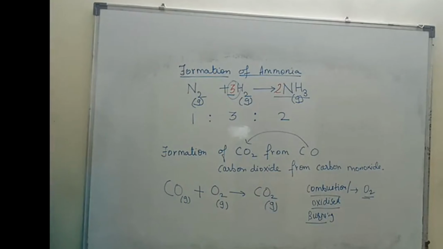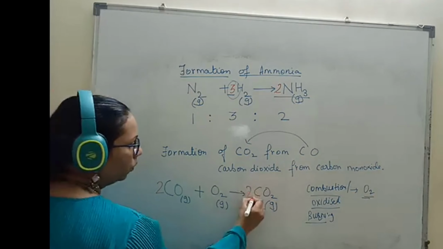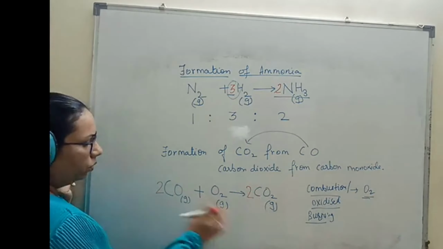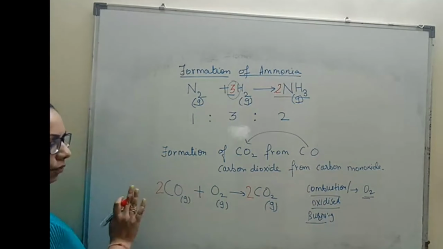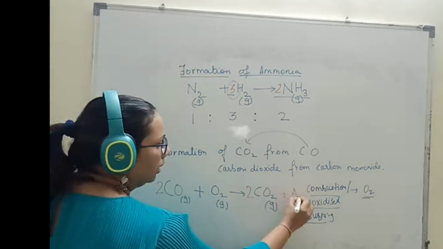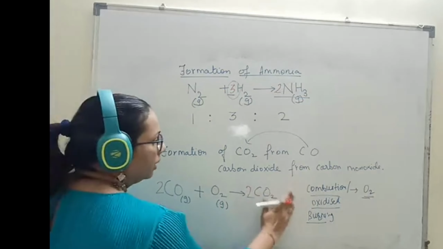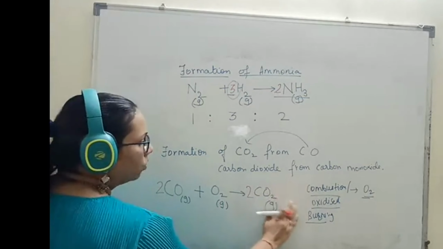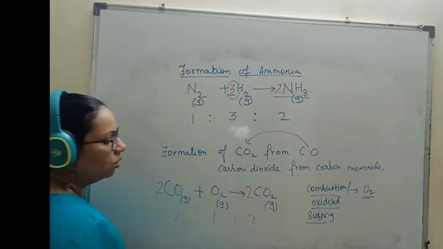Ma'am, you put 2 in front of CO and 2 in front of CO2. Okay, 1, 2, 3, 4. Yes, that is correct. Now this is balanced. Gas is right for all. If there is something extra, which is a liquid, don't use ratios for that. Sometimes there are byproducts, can be liquid or solid, anything, don't write for that. Only 2 is to 1 is to 2.